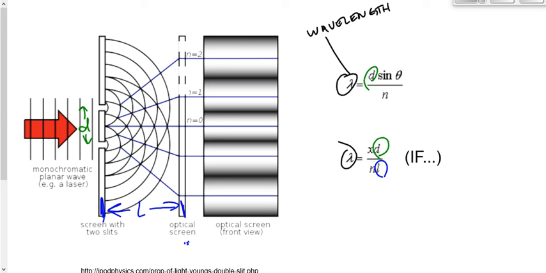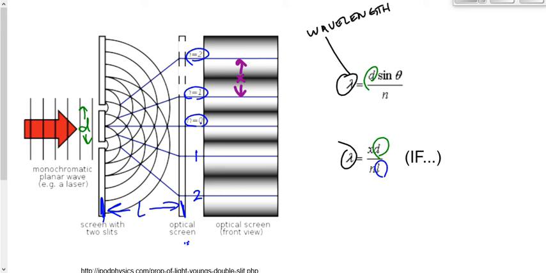Now, this is where it gets a little bit tricky. We talked about this on Thursday, and I think you understood it. You can see that they actually have these maxima, or bright spots, or antinodes labeled. N is equal to 0, N is equal to 1, N is equal to 2. We could do the same thing on the other side: 0, 1, 2, and so on. X can be this distance right here.